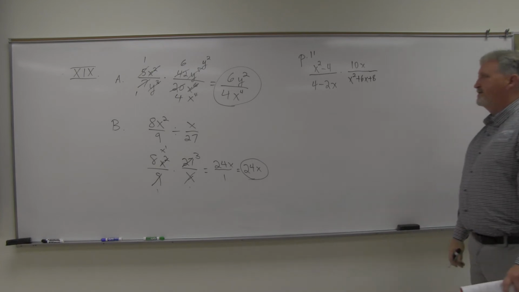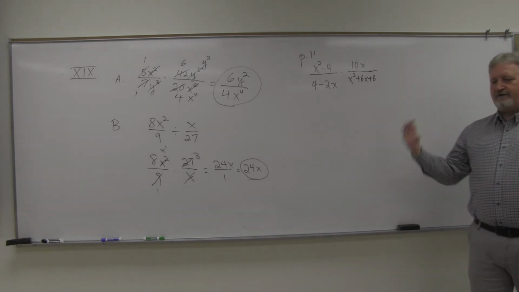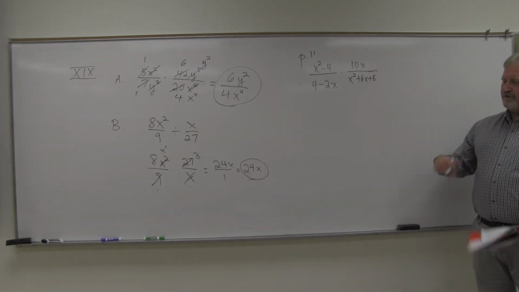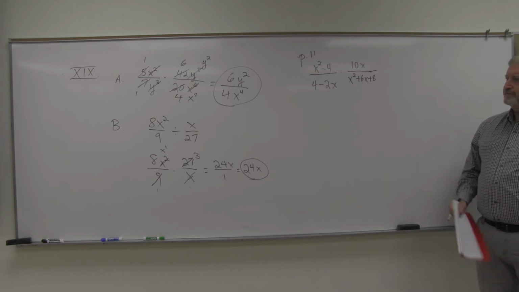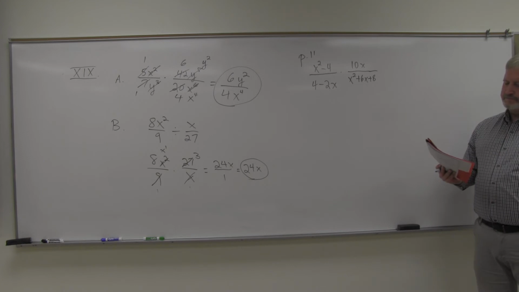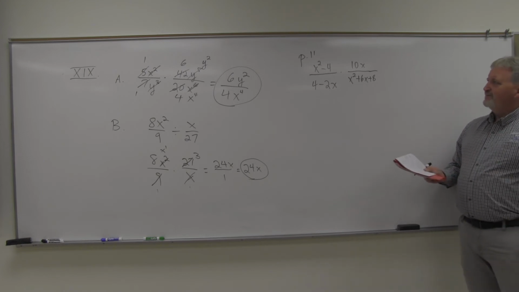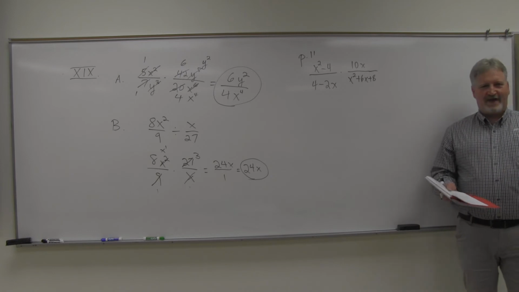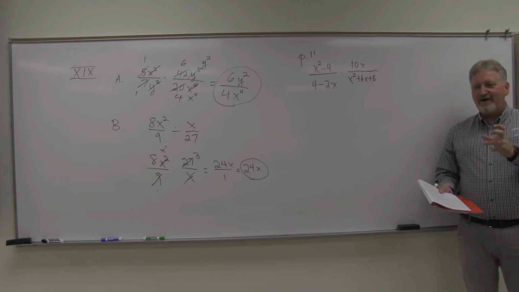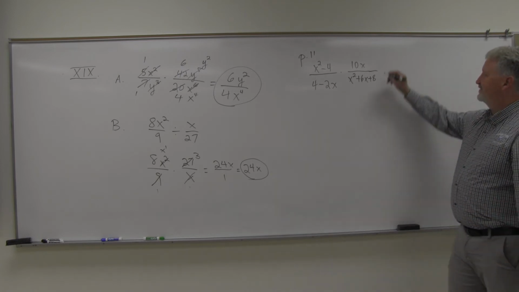All right, so this is just like we had on the previous part, 18 there, we were on, Roman numeral 18. When we've got binomials or trinomials, you can only cancel factors. And so guess what? We need to factor. Factor first.